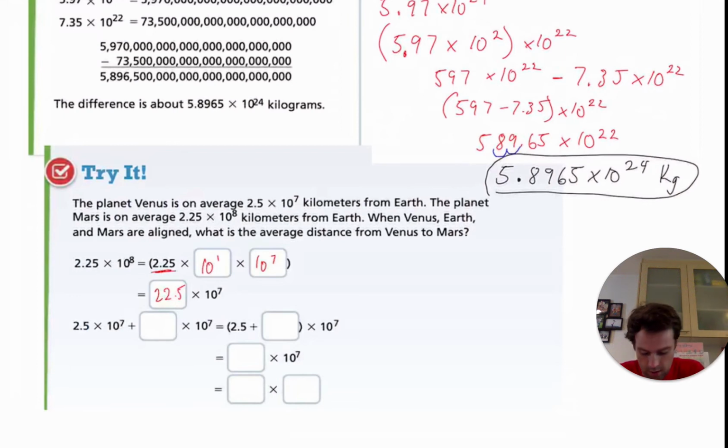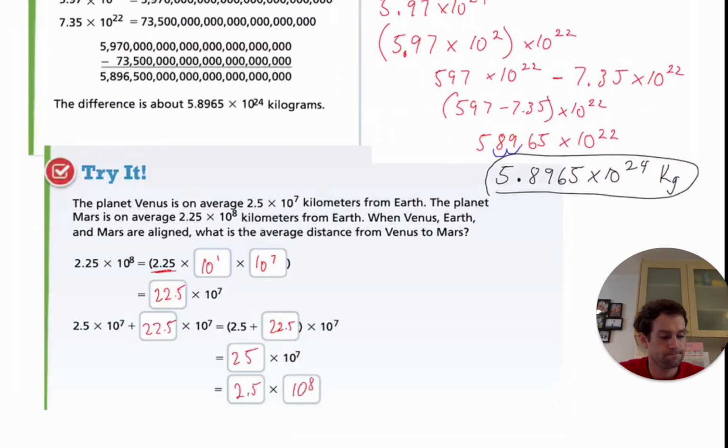And then we are adding the 22.5 and 22.5. And when you add those two together, you get 25 times 10 to the power of 7. So then when we convert this back into scientific notation, that's 2.5 times 10 to the power of 8.